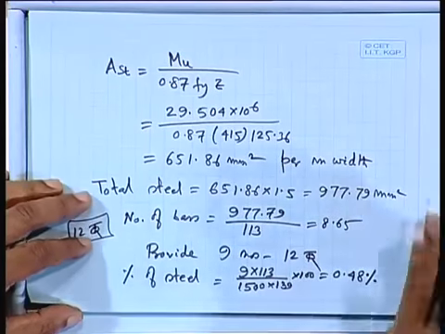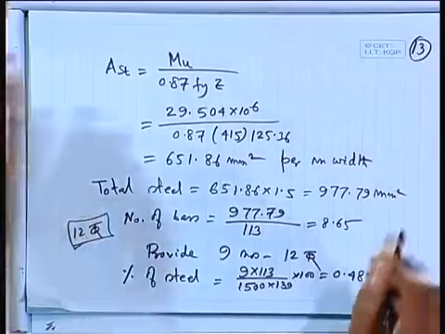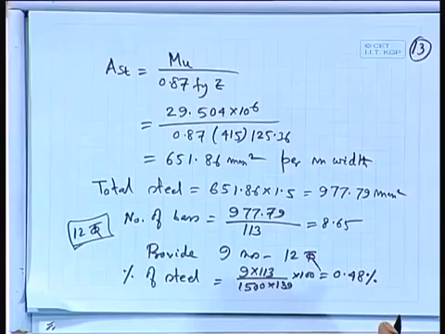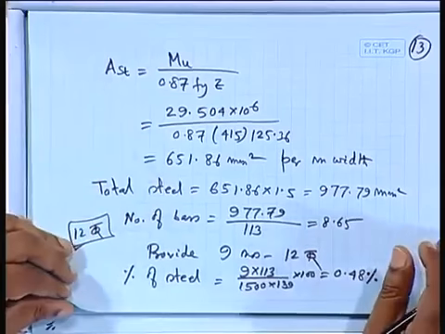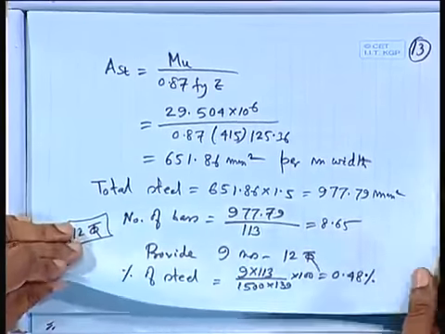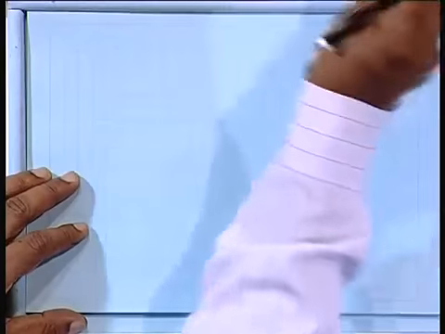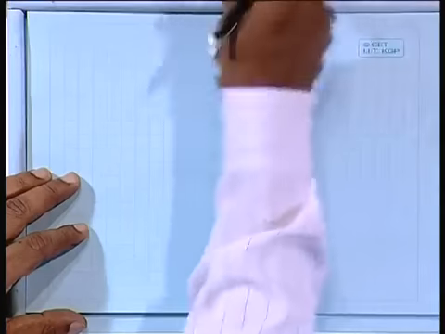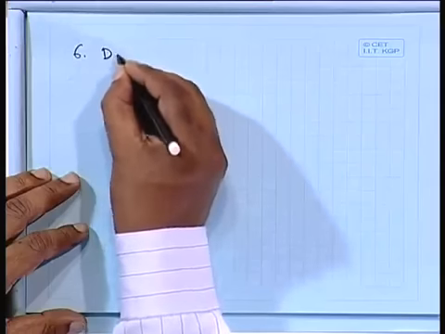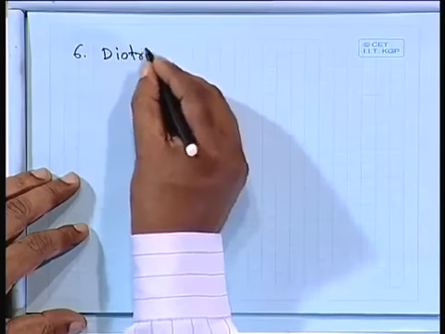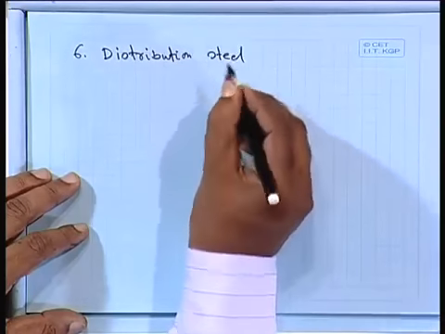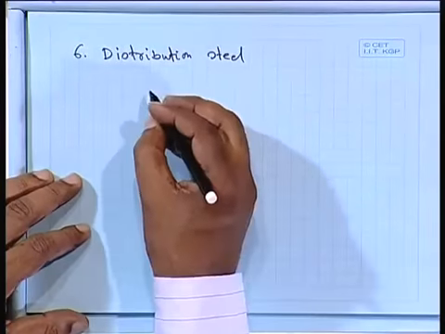Okay. So we know the steel and we also know the effective depth. Now we have to provide the distribution steel. So distribution steel will be equal to 0.12%.